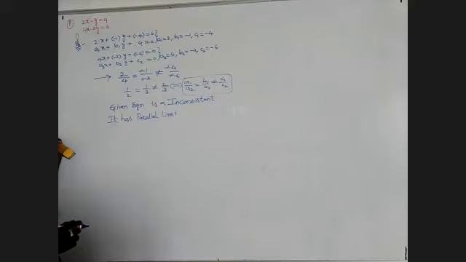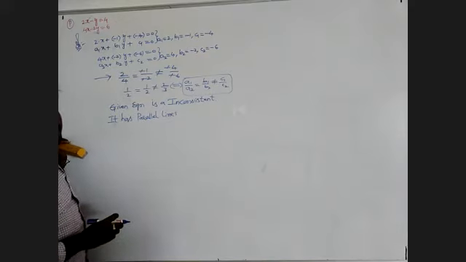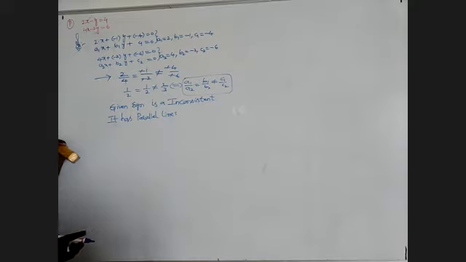After that, a1 by a2 is equal to b1 by b2 does not equal c1 by c2 means it has parallel lines. Already we discussed the third condition, a1 by a2 is equal to b1 by b2 is equal to c1 by c2 means it has coincident lines. That is given in this problem.